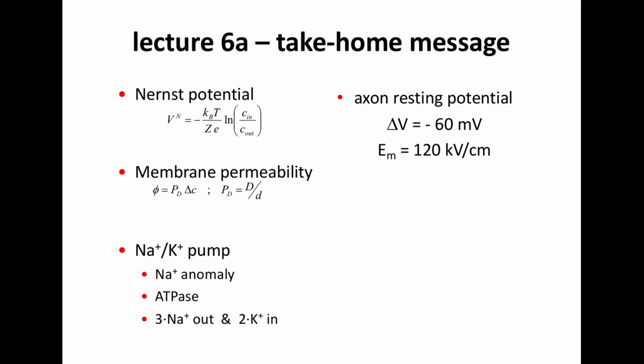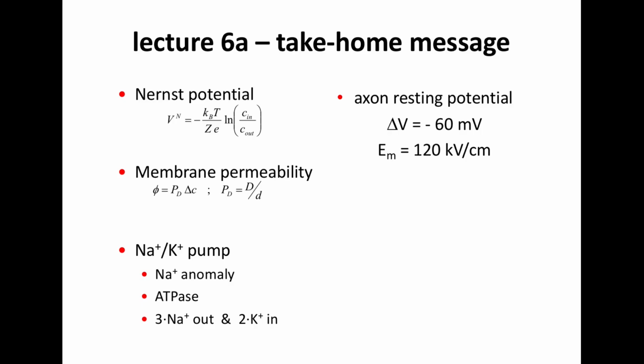We further considered the membrane permeability, and we found that the membrane is highly permeable for water, but almost impermeable or moderately permeable for ions. We found that the membrane potential is given by minus 60 millivolt, determined by the concentration difference in the potassium ions.